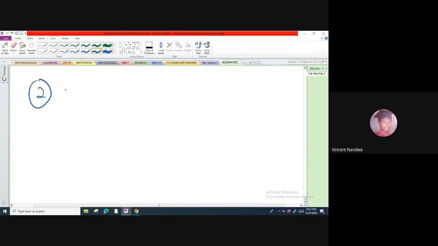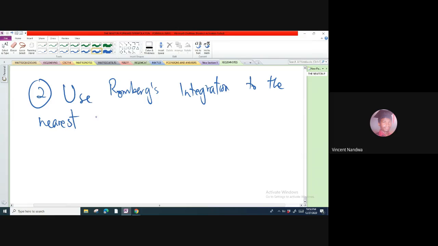Example 2: use Romberg's integration to the nearest 4 decimal places to evaluate the integral from 0 to 1.2 of 1 over 1 plus x dx.